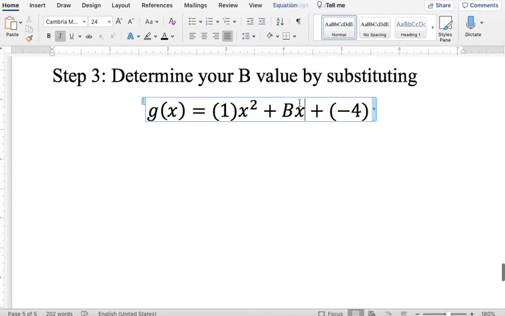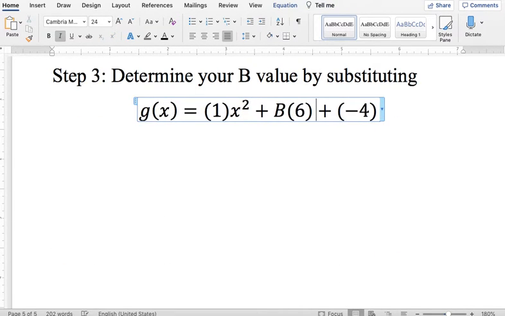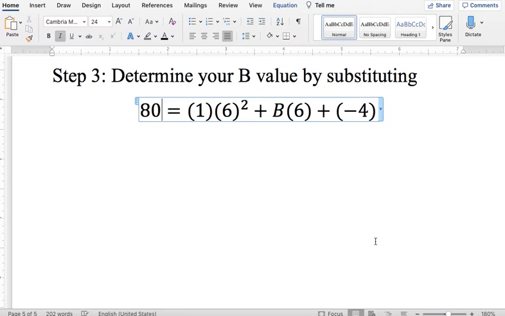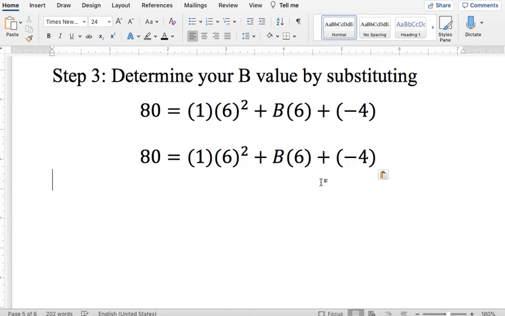So I shall change all my x's to 6. I shall change my y into 80. Now we have an equation where there's only one variable. Your b. So let's start simplifying.